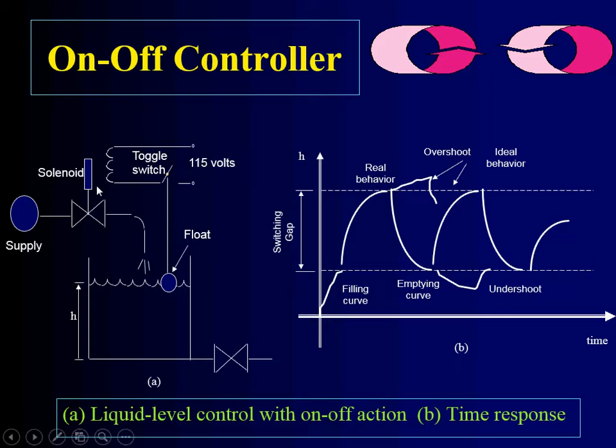But in reality, when you turn it on, it doesn't quite shut off automatically. It goes a little bit, and then it goes this way. So they're always a bit off, and the idea is to reduce this error. So that's the kind of controller which would be a liquid level control system.